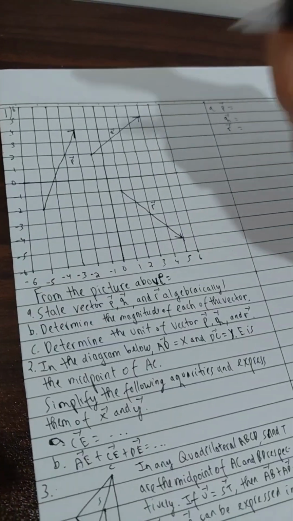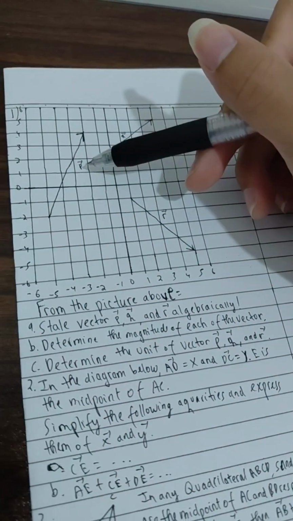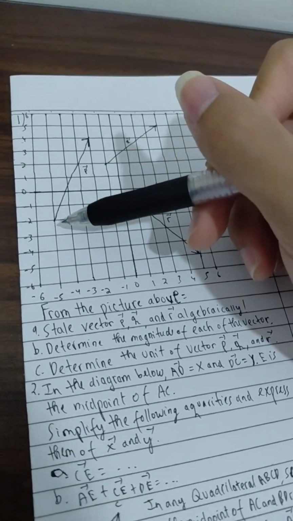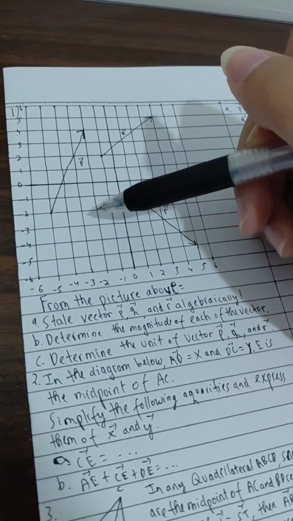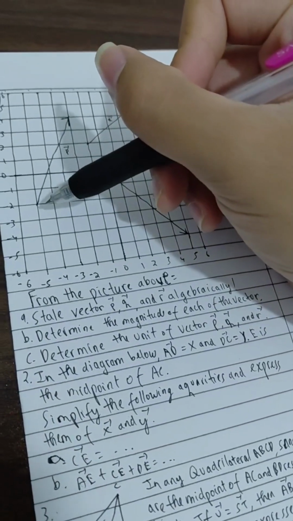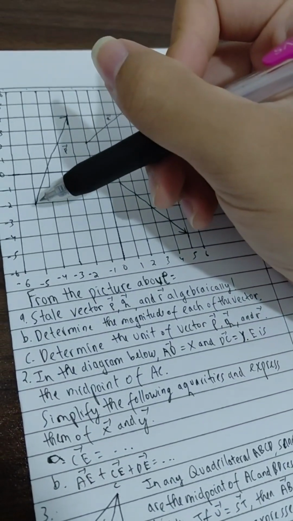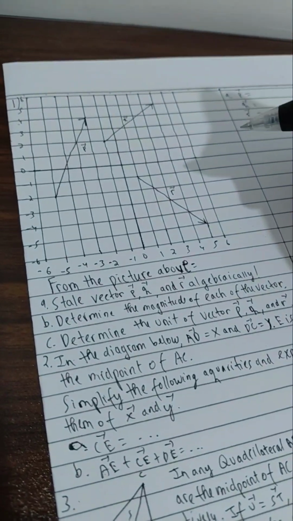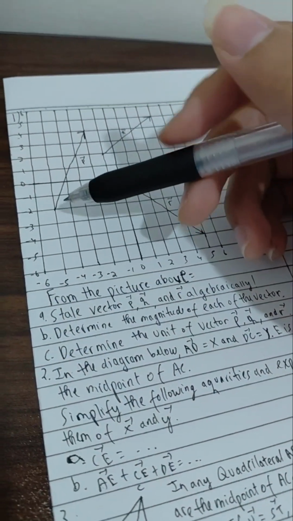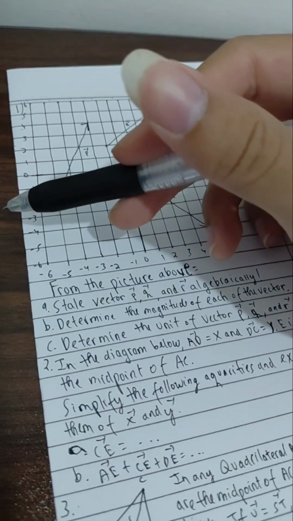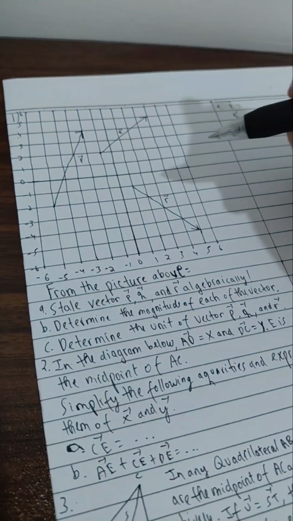As we can see, the point P is this. Now, if the point goes to the right and above, it's positive, but if it goes to the left and below, it's negative.